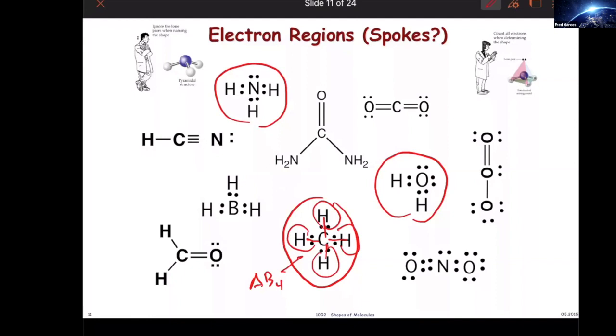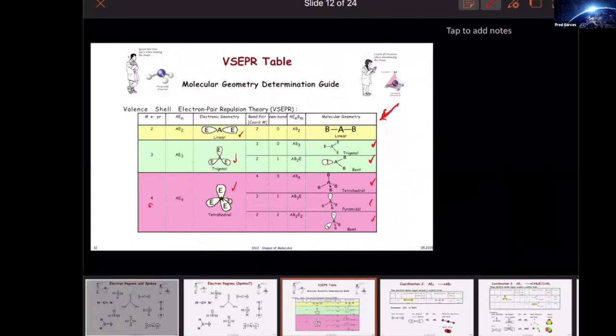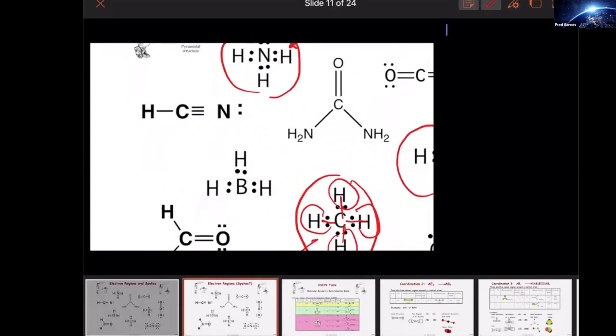Here, if you've got only 3 of those 4 regions with bonded atoms, then that's, sorry, I don't know why that zoomed out. Let me go back.